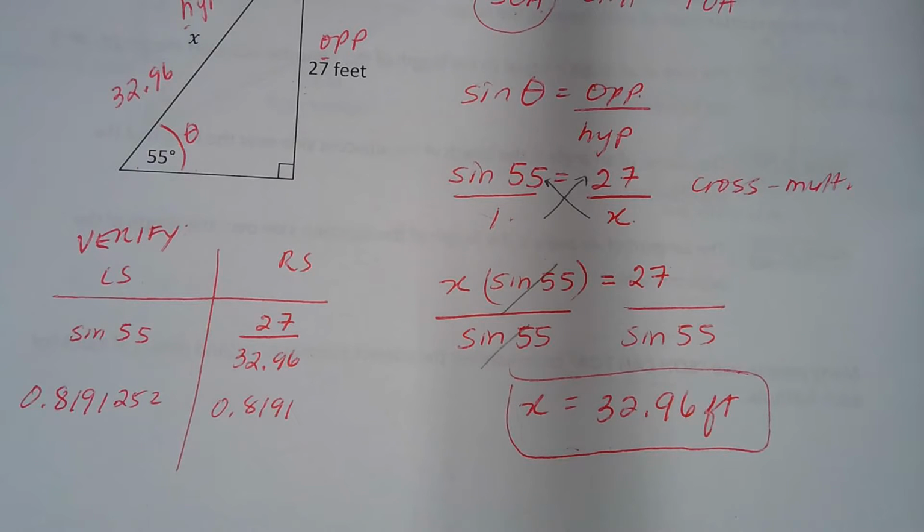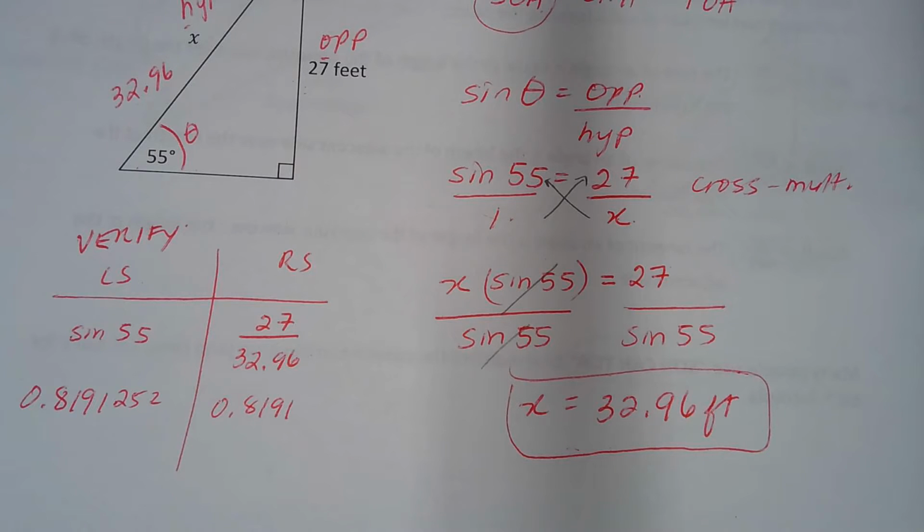Did you get about equal? The left side is equal to the right side. Are they exactly equal? Almost. Why are they not exactly equal?